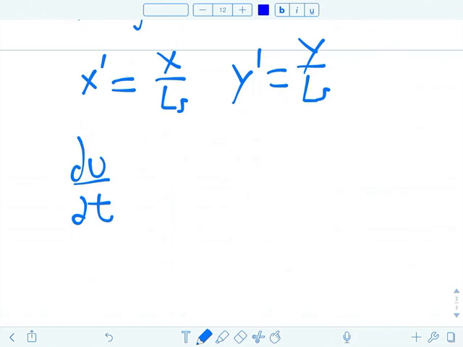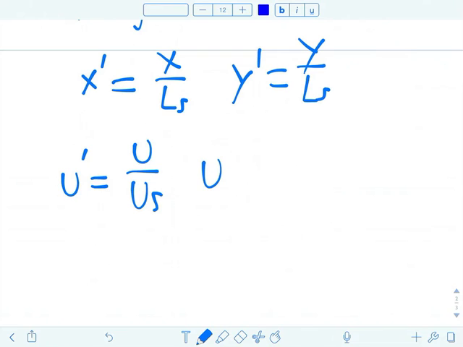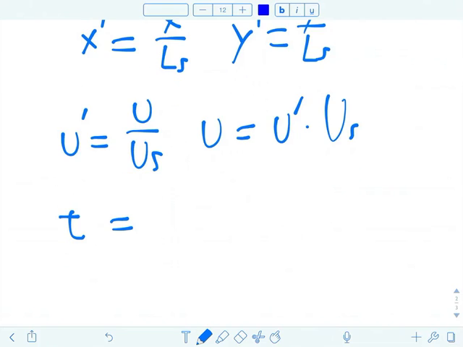So let me just refresh here. I had U prime equals U over U ship, and therefore U I can write as U prime times U ship. U ship is a constant. And T I had written as equal to T U ship divided by L ship.